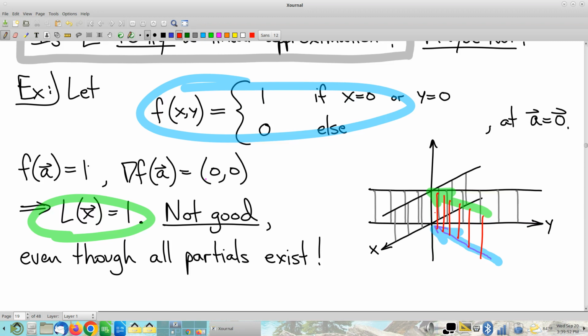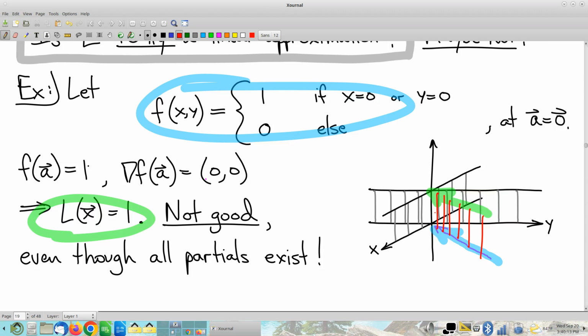Bad linear approximation. In fact, I don't think it's reasonable to call this a linear approximation. It's not doing its job. It's a terrible approximation. But like in single variable, we would just chalk that up and say, oh, it's too far away from the point that we start, our reference point. Is that the same thing?